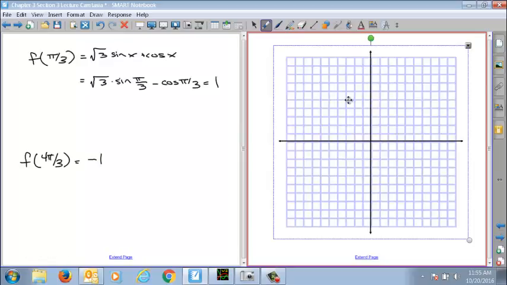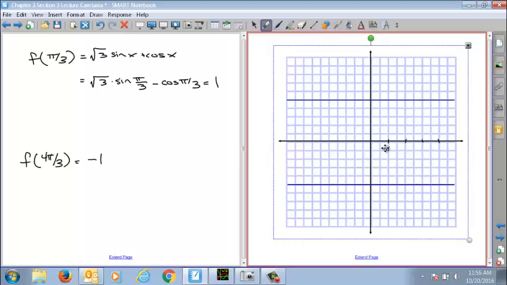So I'm going to put a line in here at this point, and we'll say that's plus 1 and that's minus 1. It's just used to help guide me to do this. And let's say this is 1, 2, 3, 4.